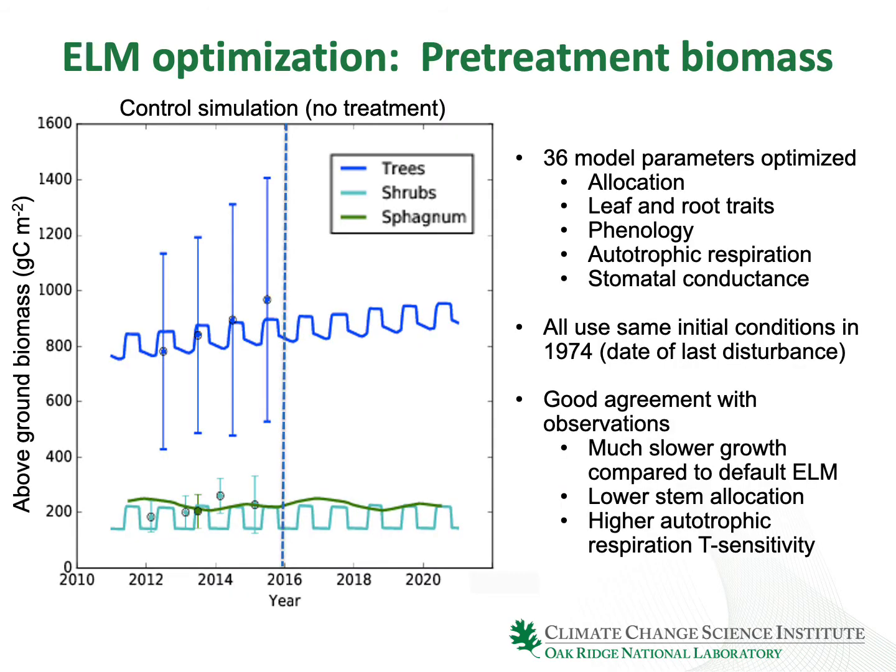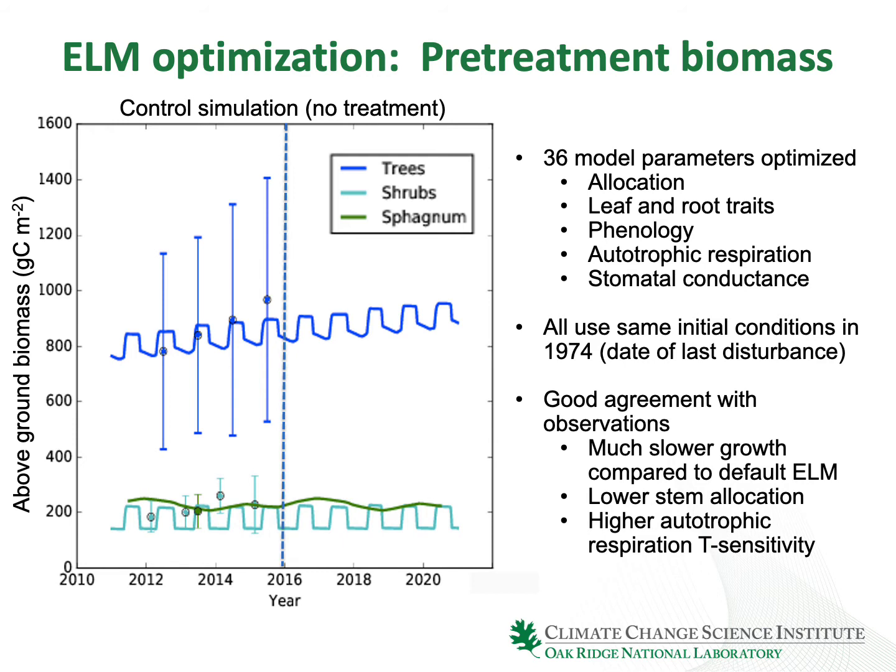So here's an example where we did some optimization of ELM parameters against some pretreatment biomass information that we had at the site. In this case, we used 36 model parameters across the 4 different plant functional types, involving allocation, leaf and root traits, phenology, autotrophic respiration, and stomatal conductance parameters.